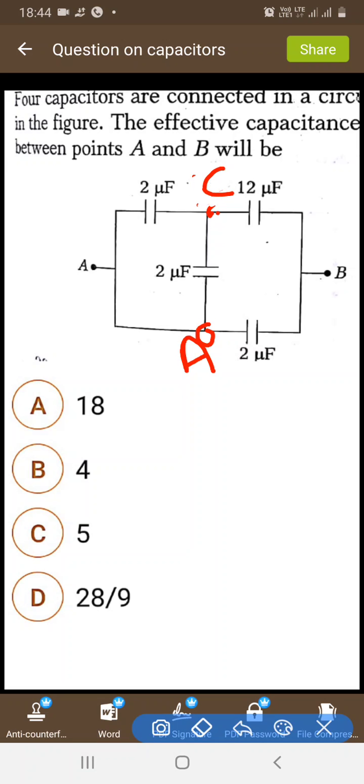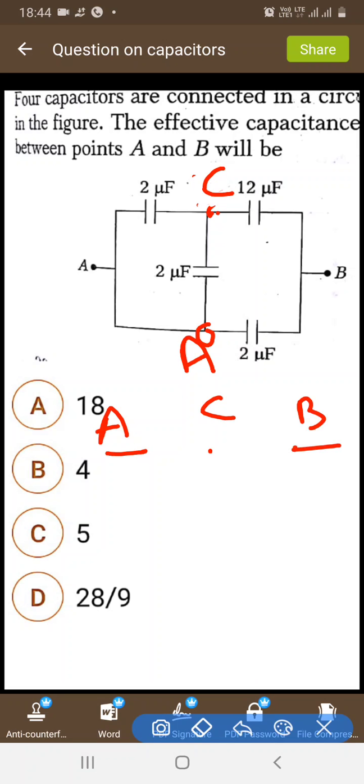So make this diagram as point A, point C, point B. Okay.